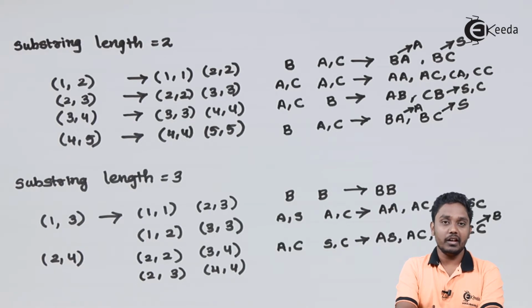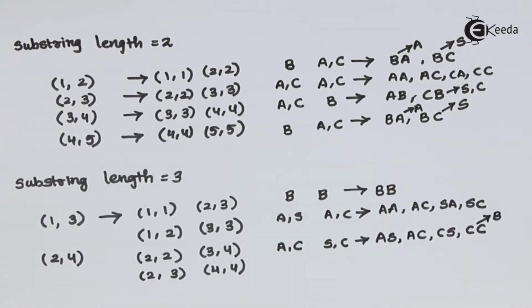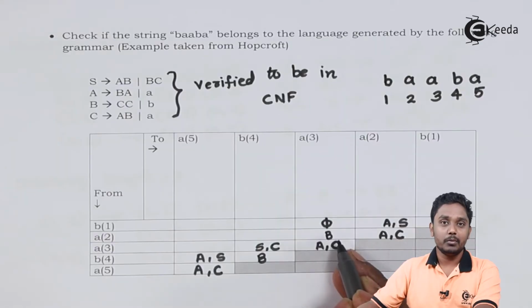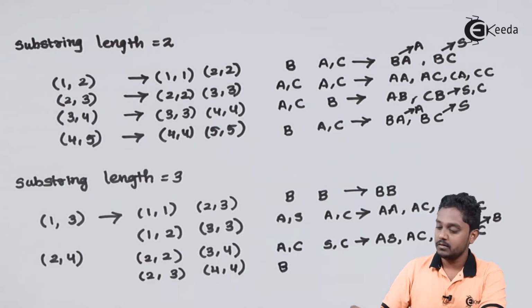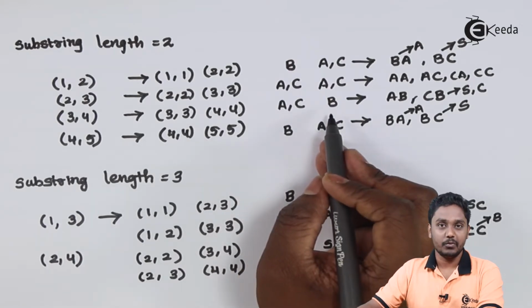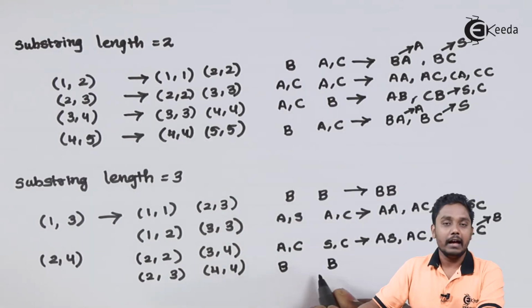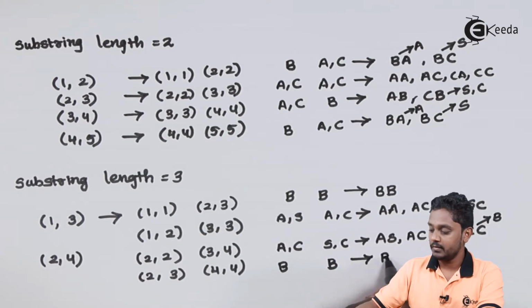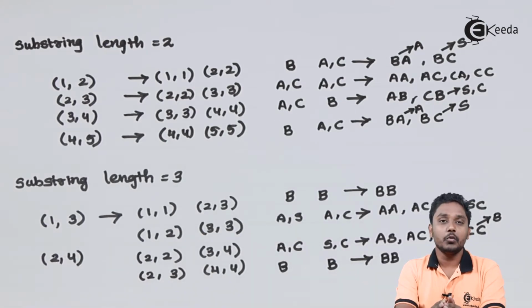Now let us see the next one. That is 2 4 could also be produced using 2 3 followed by 4 4. What is 2 3? 2 3 is symbol B. 4 4 we have already calculated. It is B, and hence the concatenation would be BB. But you would see that this particular string is not generated using any of our non-terminal.